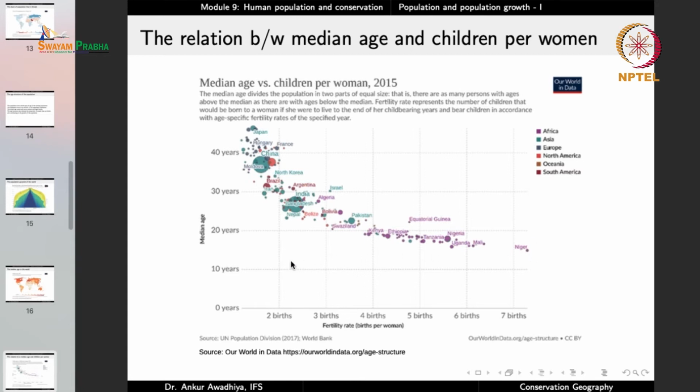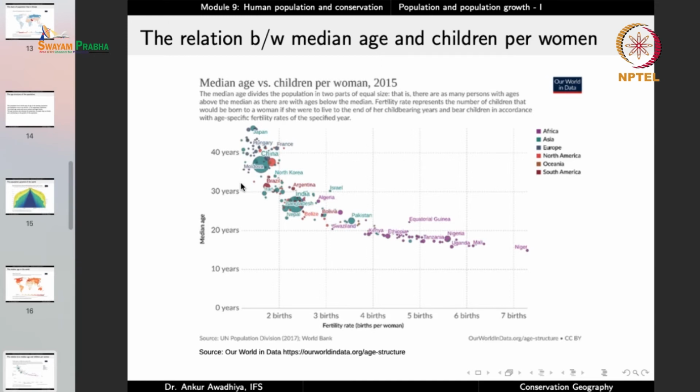And in such countries, the median age is very less, it is less than 20 years. In countries where the women are giving birth to very few babies, less than 2 babies, you will find that the median age is higher. So the population is getting older. And here we have countries like Japan, we have countries like the European countries, we have countries like China.